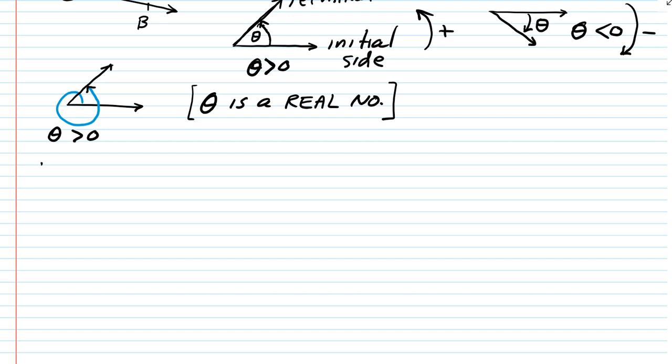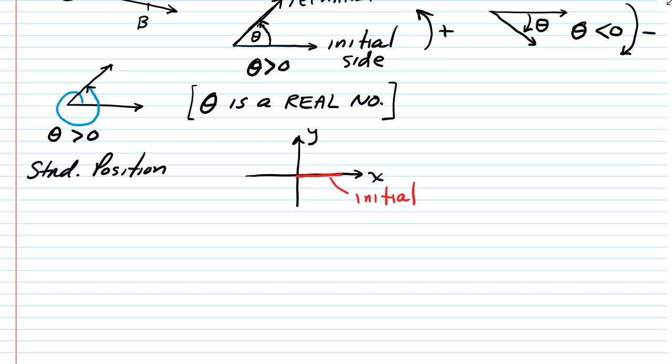Now, an angle in standard position, let's agree, means if you look at the xy coordinate system, here's x, there's y, the initial side lies on the x-axis. So this would be the initial side.